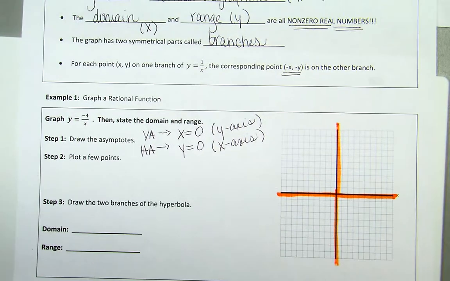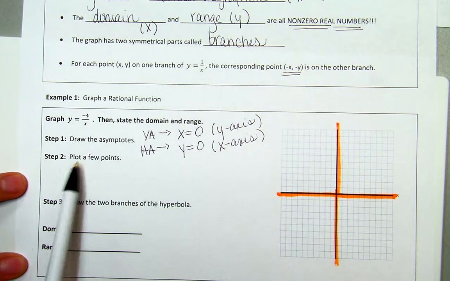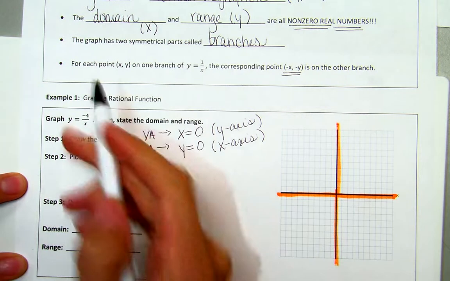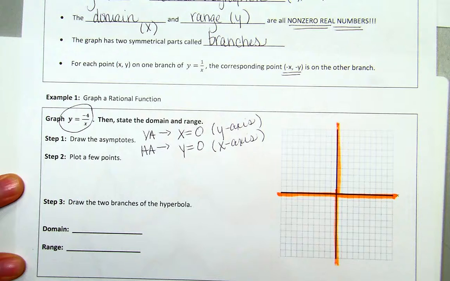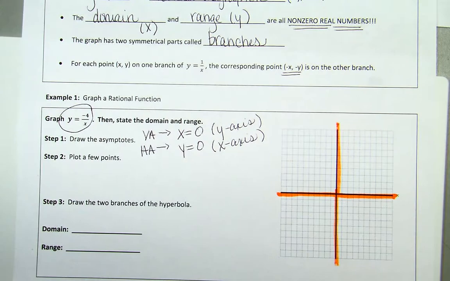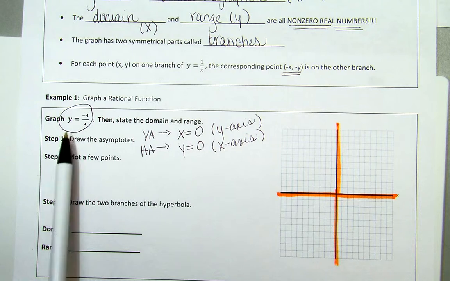As we start drawing and plotting this graph, we know that the branches we're going to get from this rational function are not going to be able to cross our asymptotes. So starting out, step 2, we want to plot a few points. I'm going to take my original function, negative 4 over x, and to plot a few points, I want to pick x values that when I plug into this original equation, I get nice numbers back out.